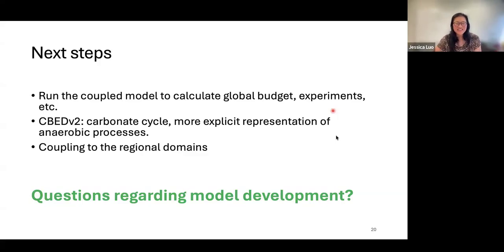Yeah, that's actually kind of incorporated into this more explicit representation of anaerobic processes. As you may expect, if we incorporate an explicit iron cycle, there may be a lot of additional tuning because the sediment is the largest source of iron into the oceans.